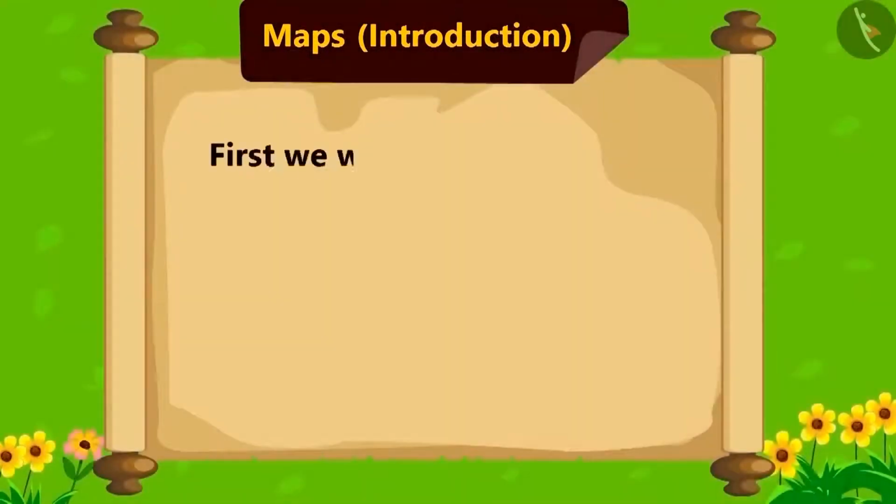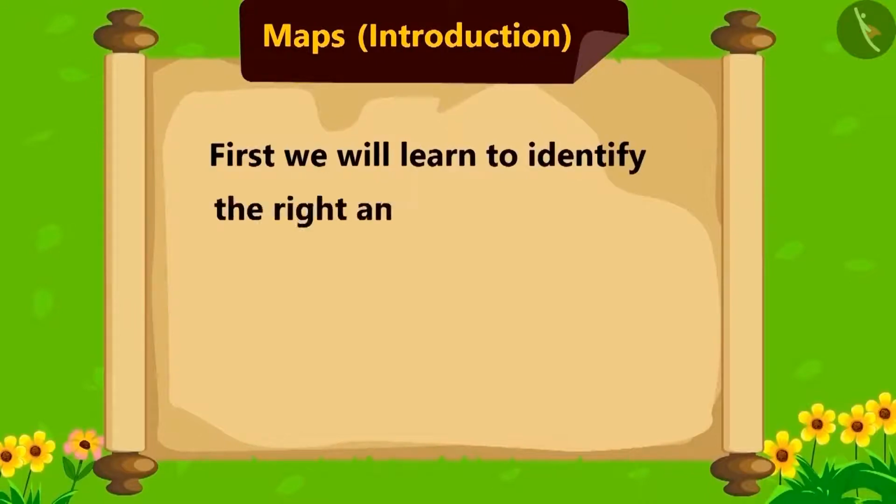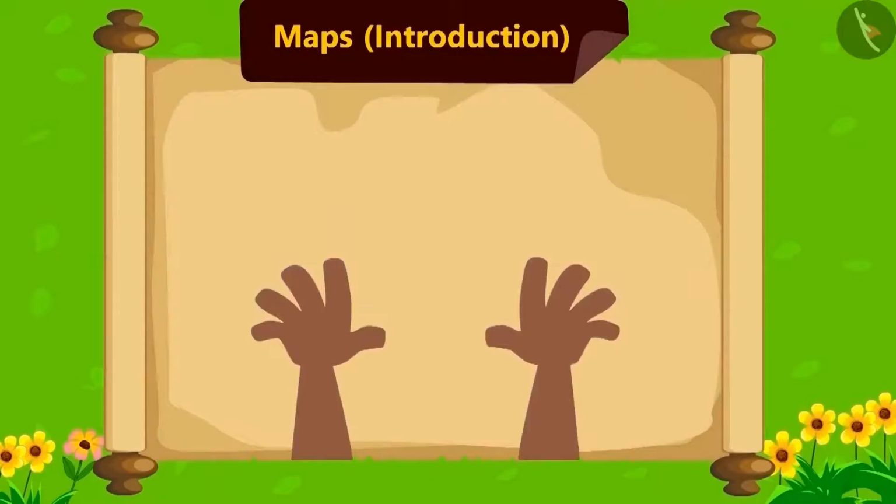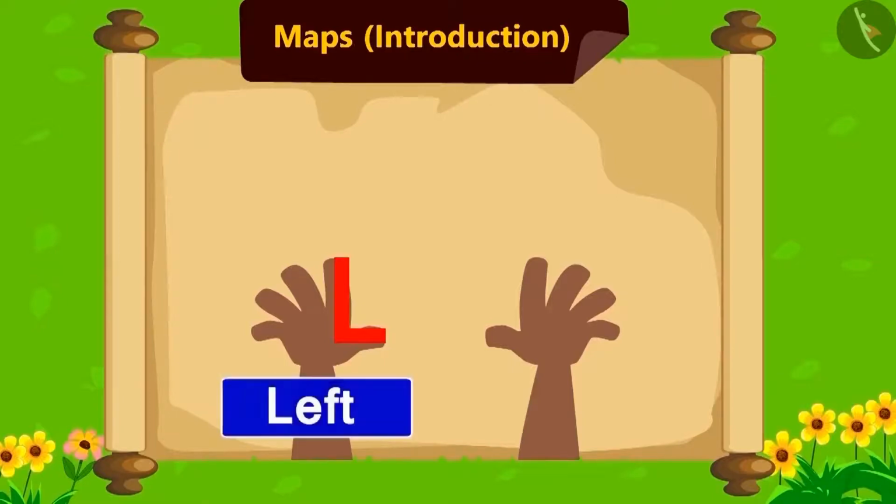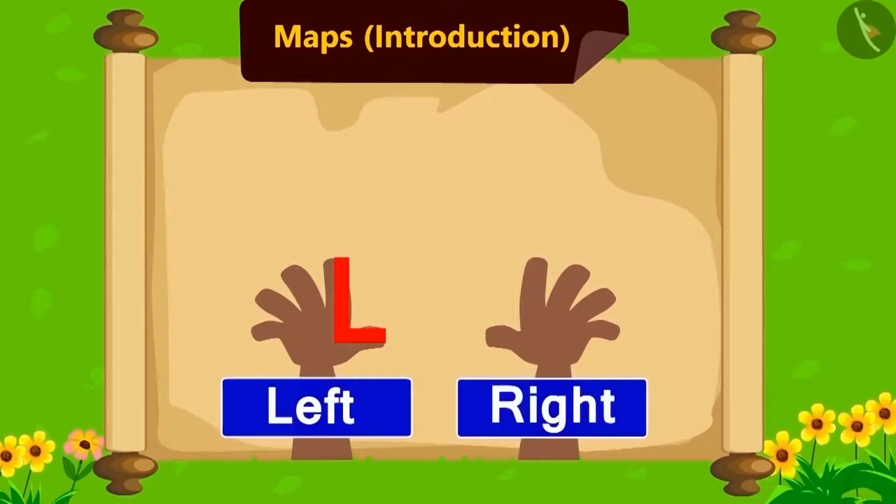First, we will learn to identify the right and the left hands. Keep both your hands like this. Now, in whichever hand you see this type of L, that is your left hand, and the other hand is the right hand.